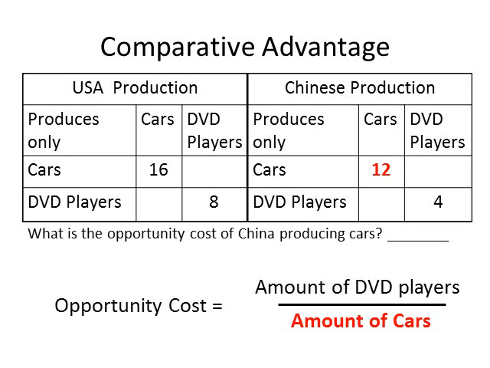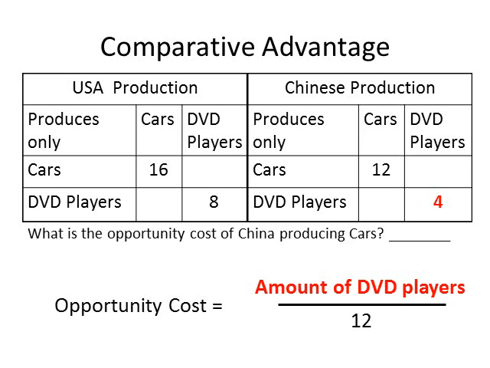The next step is to look at how many cars China produced. The Chinese produced 12 cars, so we substitute in 12 into the formula. Next, we need to know the amount of DVD players China gave up in order to produce those 12 cars.